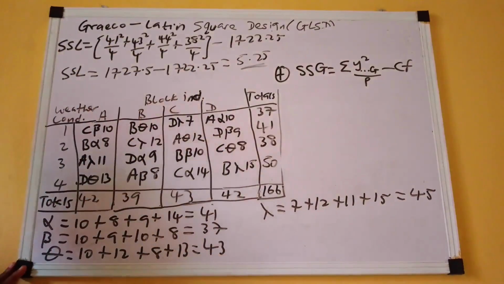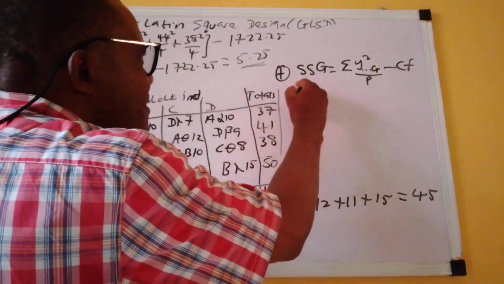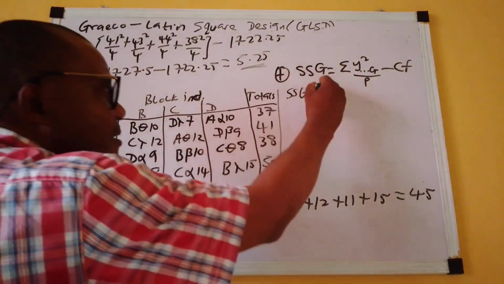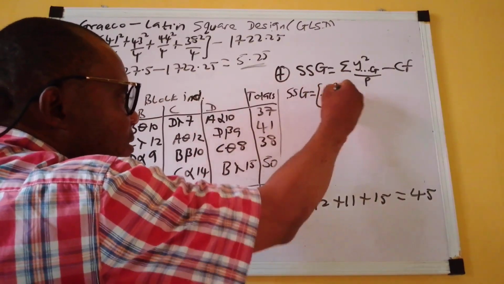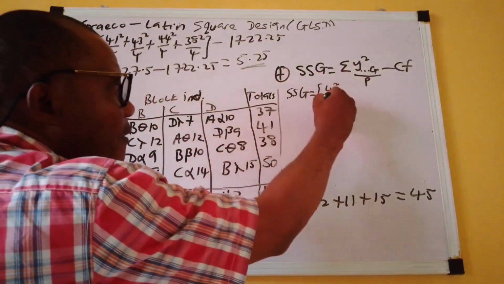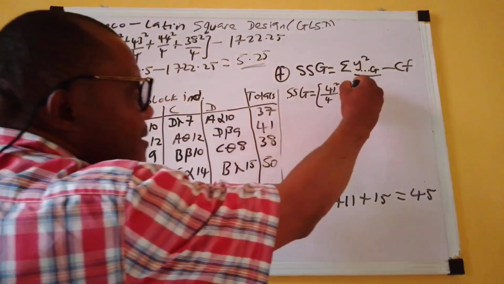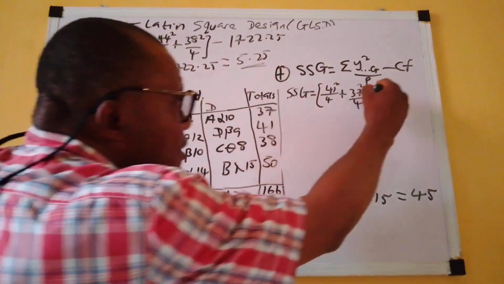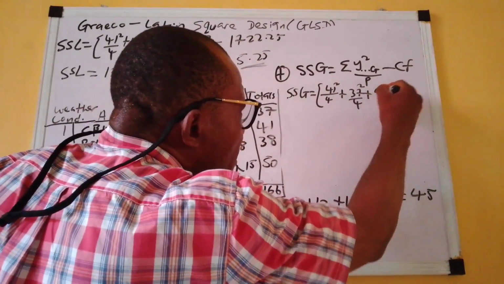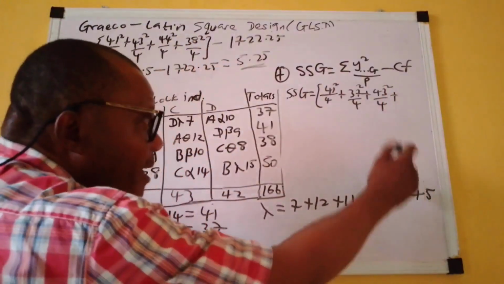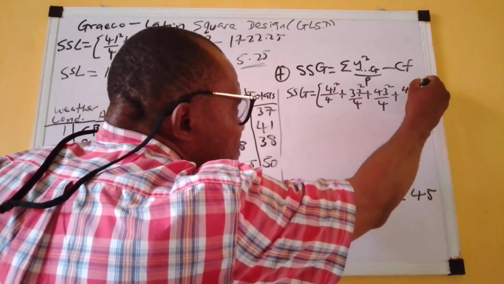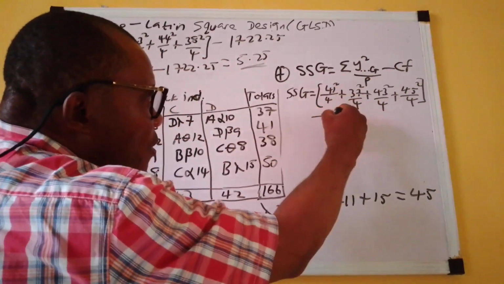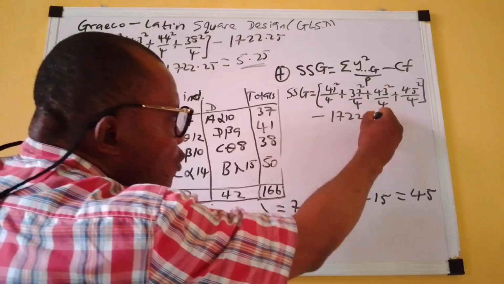Now let us go ahead and calculate this. So our SSG will be equal to, what's the first value here? 41 squared all over 4, plus the next one is 37 squared all over 4. Then the next one is plus 43 squared all over 4. Plus the fourth one is 45 squared all over 4. We put it in bracket minus the correction factor 1722.25.